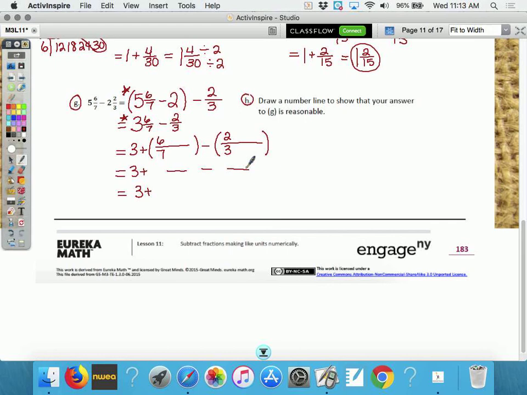Common denominator for 7 and 3, Cadence. 21. So 3 plus 4 21sts equals 3 and 4 21sts.